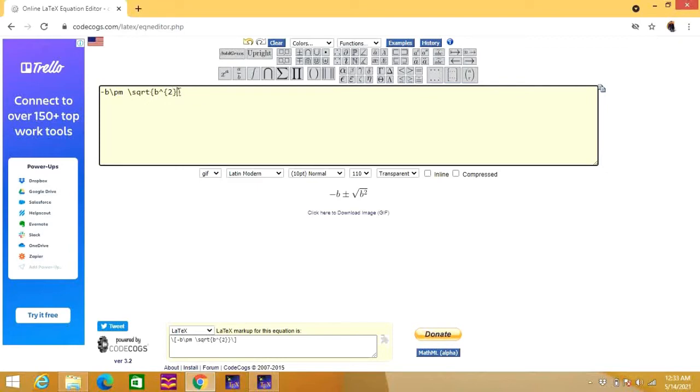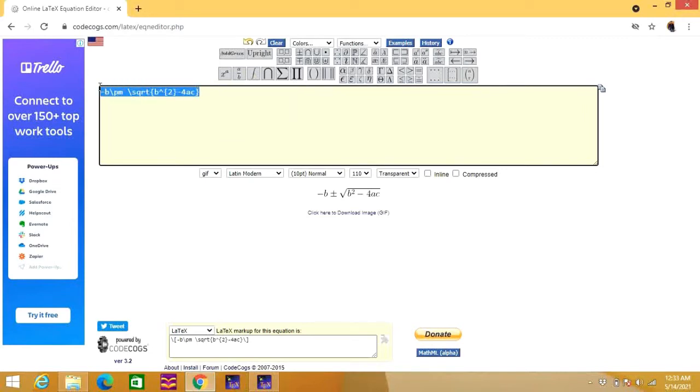After that minus 4ac divided by 2a. We need to divide this whole term by 2a. For that, we need to take a fraction.